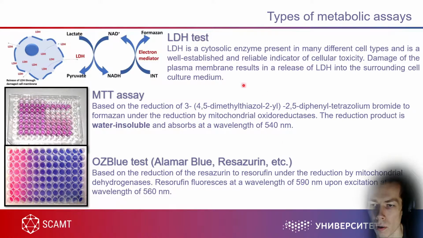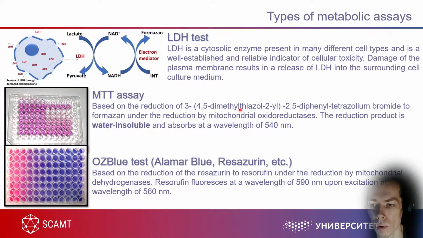But again, why are these assays indirect ways to observe cell viability? Because they give you no information on why the cell viability is decreasing. So a decrease in cell viability means that there is a decrease in mitochondrial oxidoreductases. So it's even opposite: a decrease in mitochondrial activity will tell you that there is a decrease in viability.